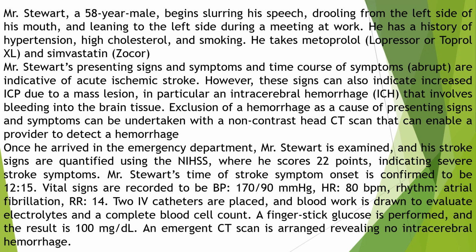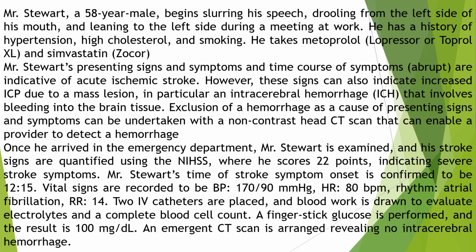Once he arrived in the emergency department, Mr. Stewart is examined and his stroke signs are quantified using an NIHSS, the National Institutes of Health Stroke Scale, where he scores 22 points, indicating severe stroke symptoms. Mr. Stewart's time of stroke symptom onset is confirmed to be 12:50.